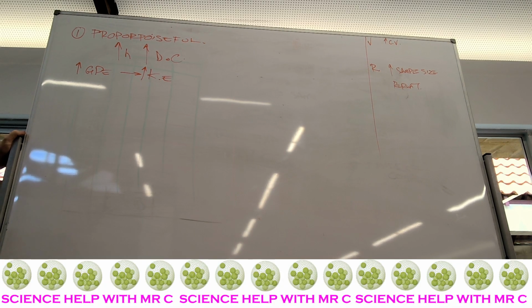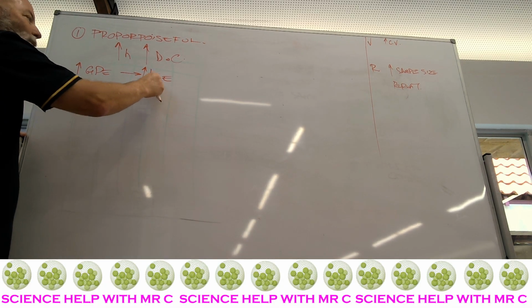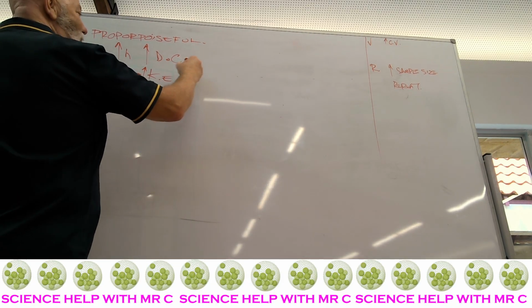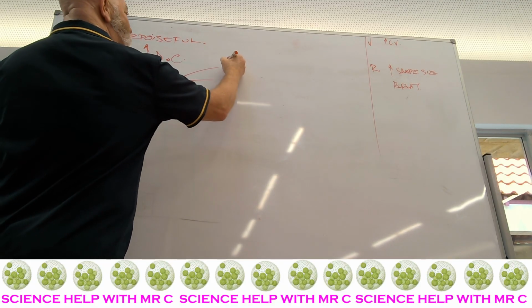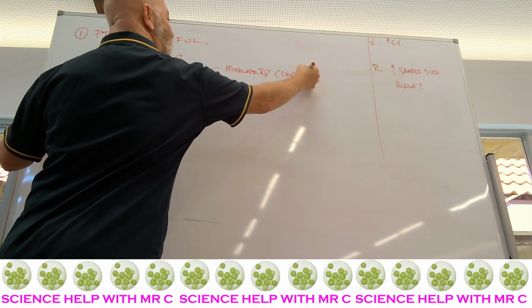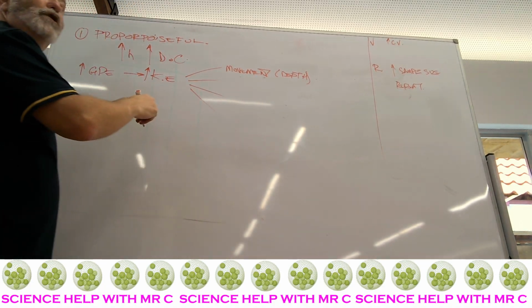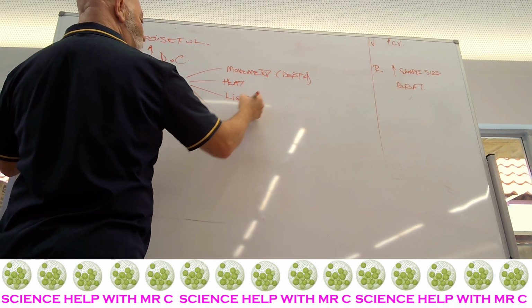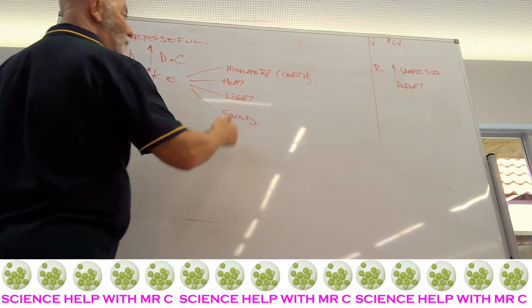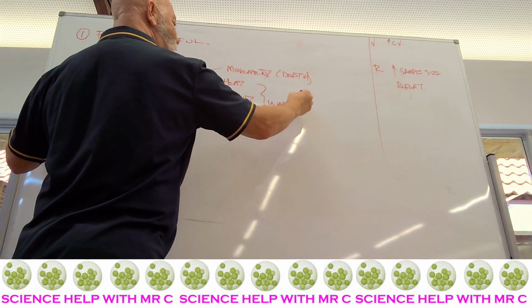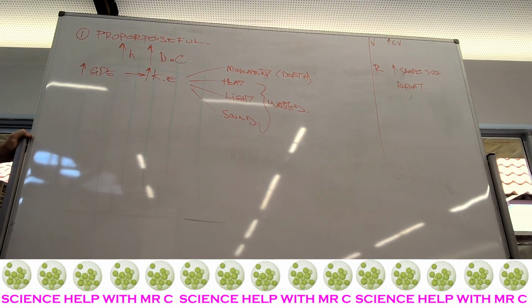So as you increase GPE, you're going to increase KE, and when it hits the sand, it's going to translate that energy into movement of the sand, which is your depth. Due to friction, it's also going to give you heat, light, and sound. These ones are all wasted energy. The one that you're looking at is the movement of the sand.